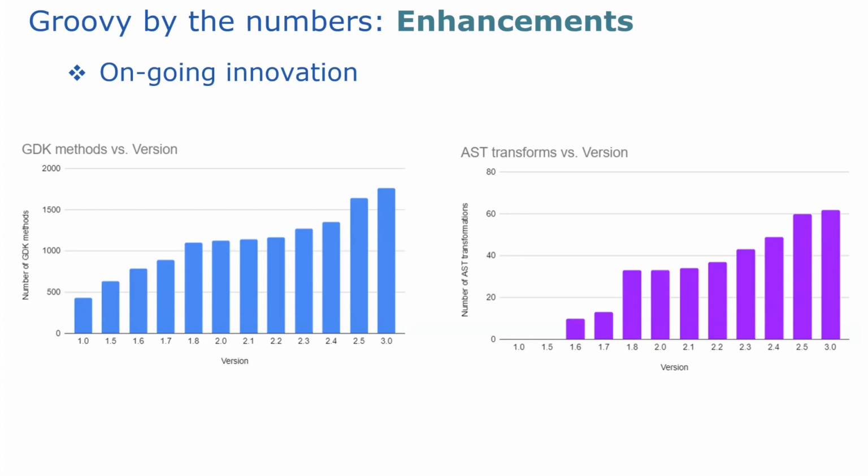And AST Transforms. Some of the AST Transforms are very small and add a little tweak to your code. Others are very, very large. Something like Immutable adds potentially many hundreds of lines of automatically generated code to your classes in a very declarative way. So some of these extensions are very, very powerful, and you can see there's over 60 of those in the latest versions as well.